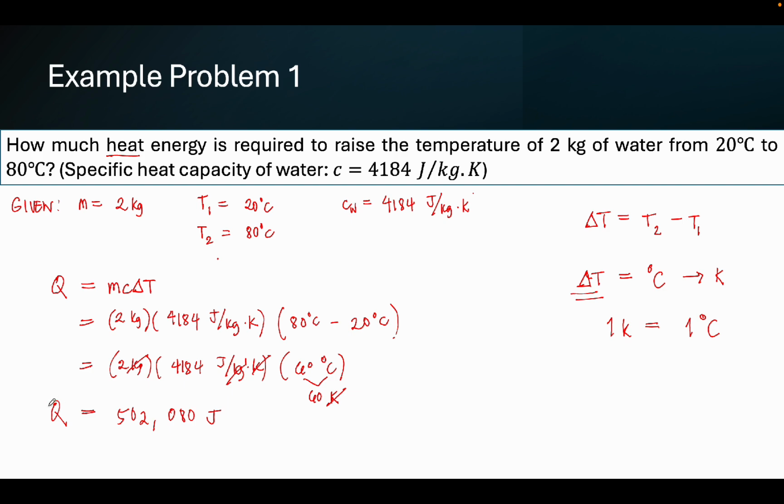Okay. So this is the amount of heat required to raise the temperature of 2 kilograms of water from 20 degrees Celsius to 80 degrees Celsius. Or the heat energy required is about 502 kilojoules. Kilo is times 1,000, so 502,080 joules. Okay. So that is for example problem number 1.